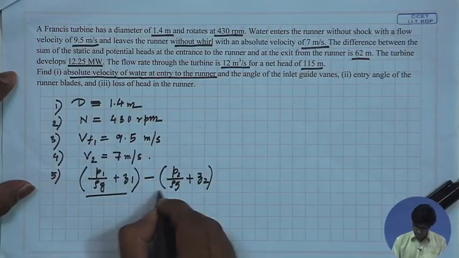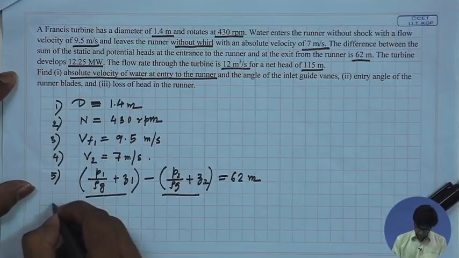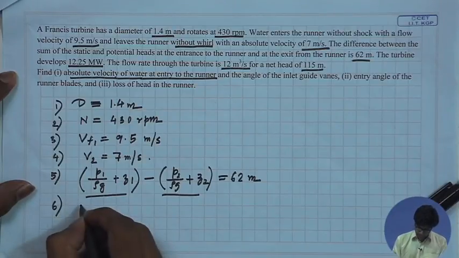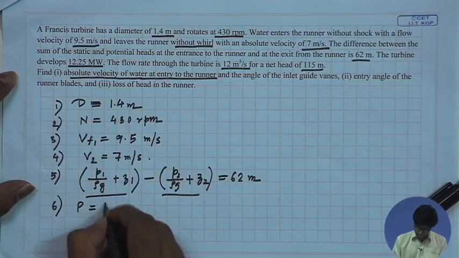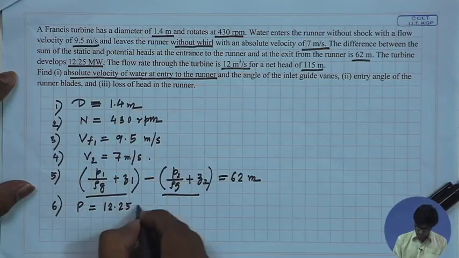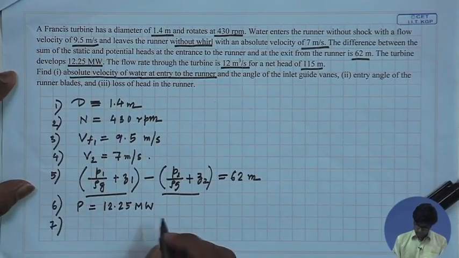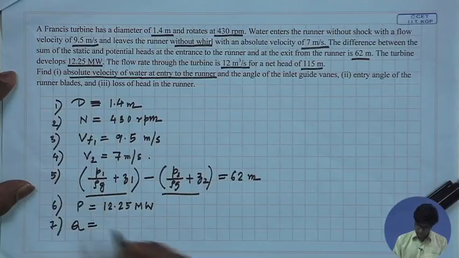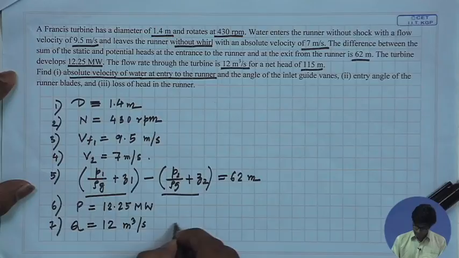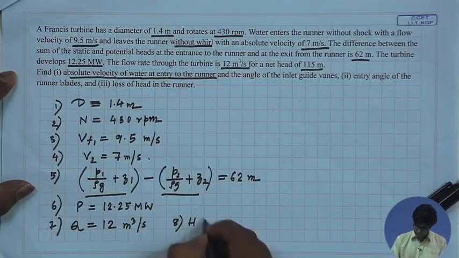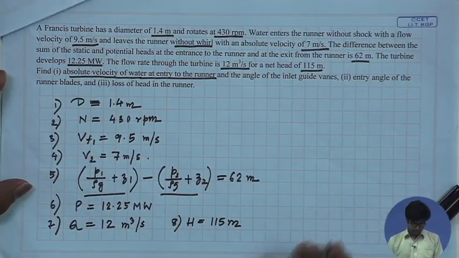So, this whole difference is given as 62 meters. Next, the power developed by the turbine is given as 12.25 megawatt. The flow rate is given as 12 meter cube per second and the net head available is given as 115 meters.